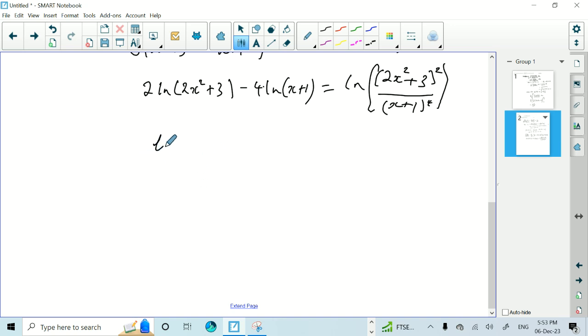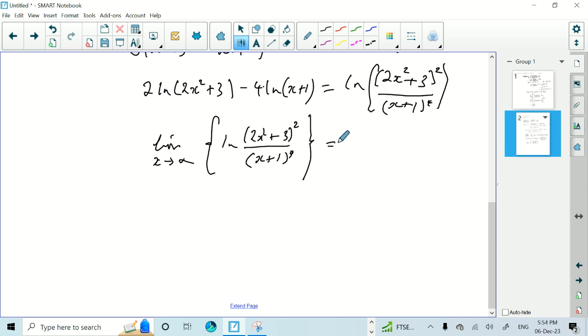So you put the limit where x tends towards infinity of the log of 2x squared plus 3 all squared over x plus 1 to the power of 4, which is equal to the log of 4.